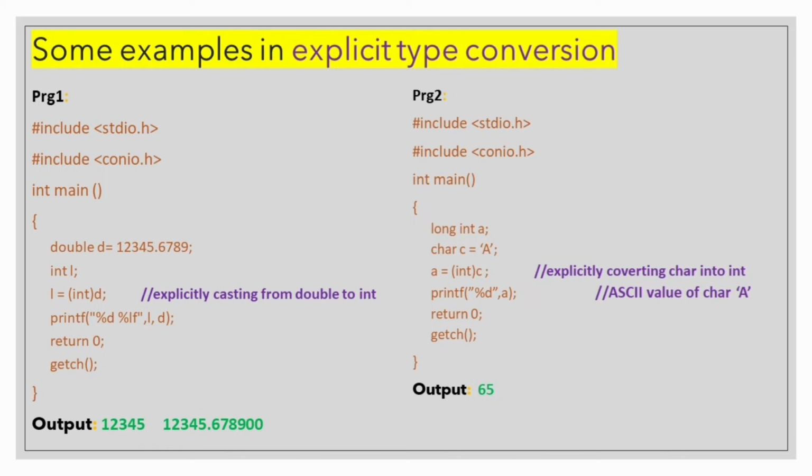The ASCII value of character A is 65. So the variable a stores the ASCII value of capital A. When we print a, it shows the output as 65, an integer in integer format. So every character has some ASCII value. We need to know the ASCII values of the particular characters.